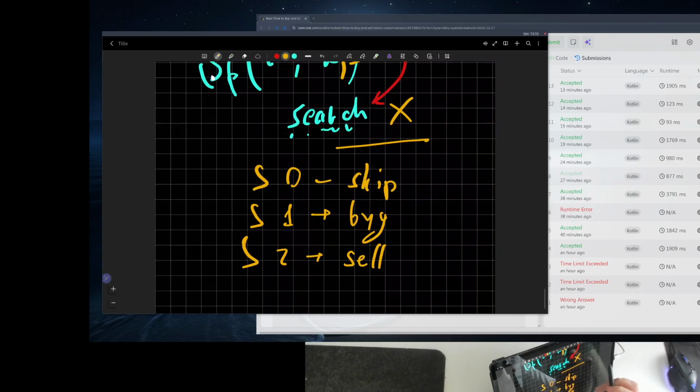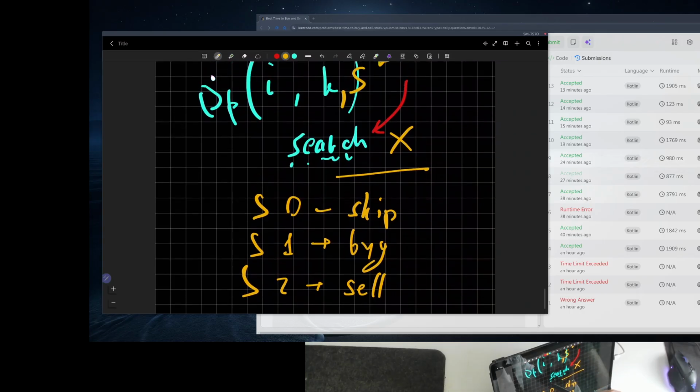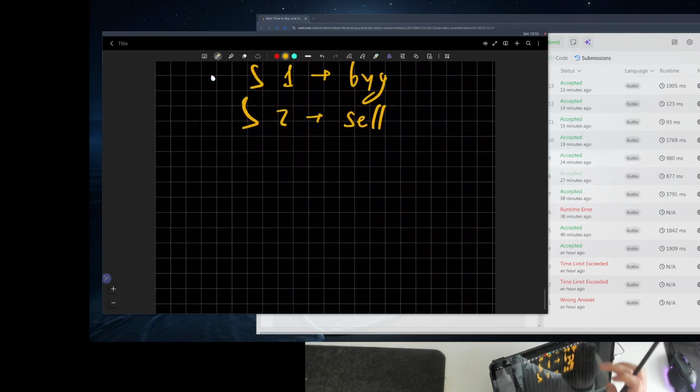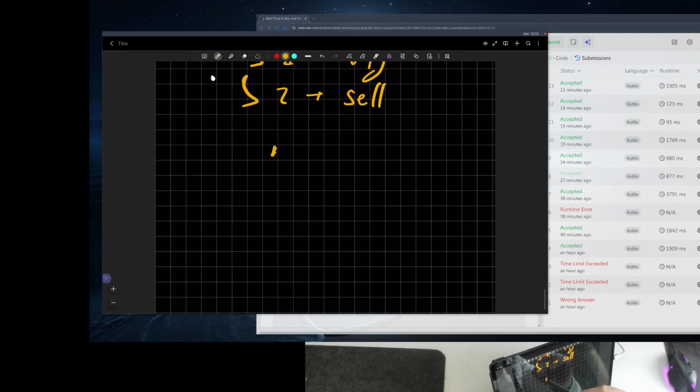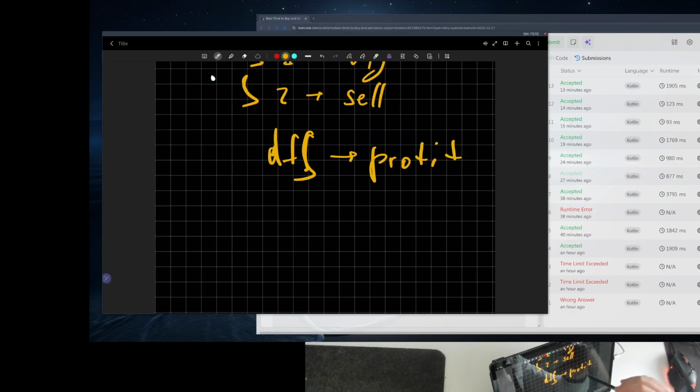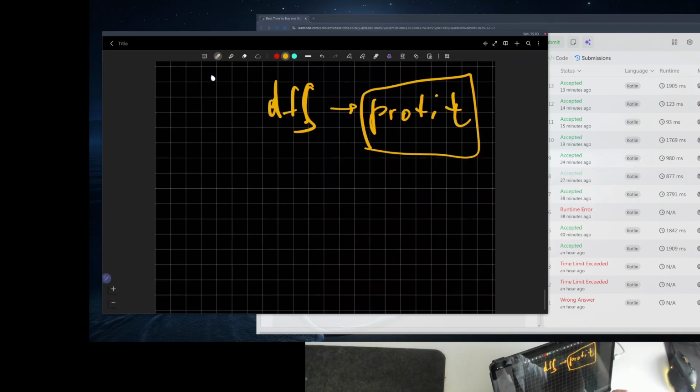So this allows us to not search, given that our DFS solution returns profit. In the current step, if we do the action of buying, we are spending our money.